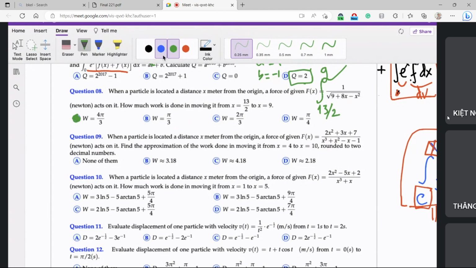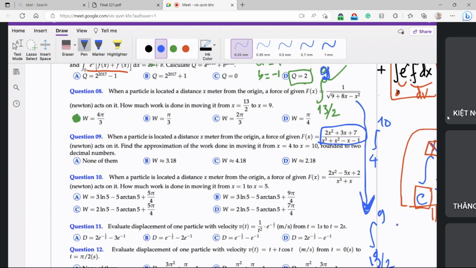I understood. Here, in this case, why are they different? In this case, you can find the integral from 4 to 10 of this function, right? But for this one, why is it like this? Because it is an improper integral, you know.